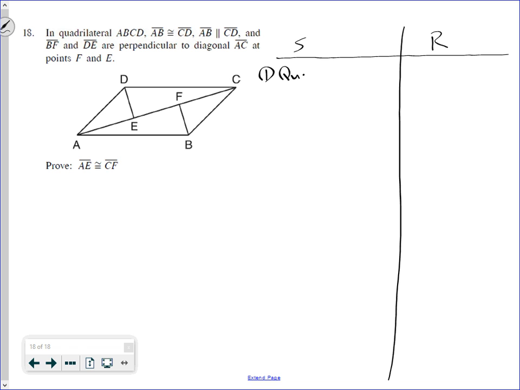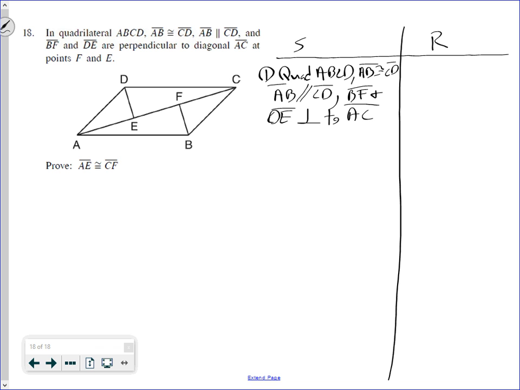So I have quadrilateral ABCD with AB congruent to CD, AB parallel to CD, and then BF and DE perpendicular to AC. Okay. So that was all my given information.